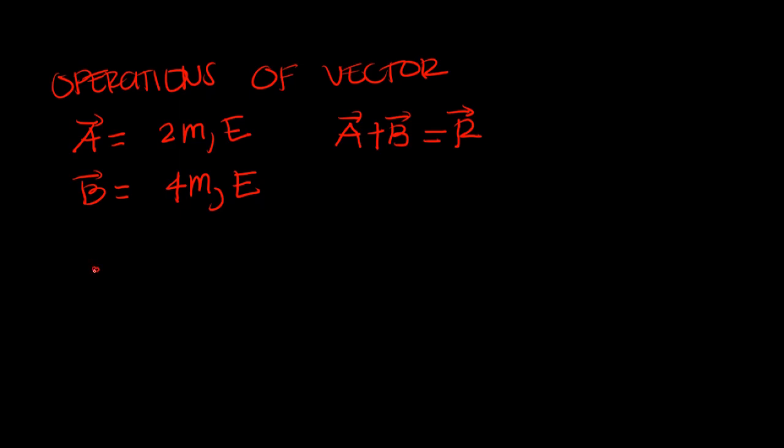Let's say that 2 meters is like this. That is our vector A plus vector B, because we are going to sum.